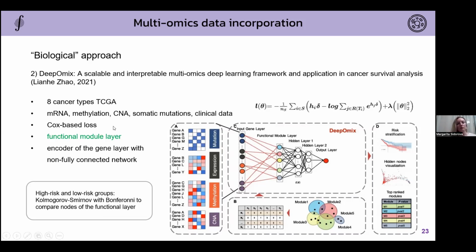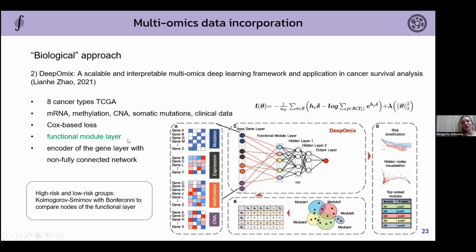It was also a Cox-based loss model. You can see the loss function here. It also very much resembles Cox, but it has the regularization of weights.